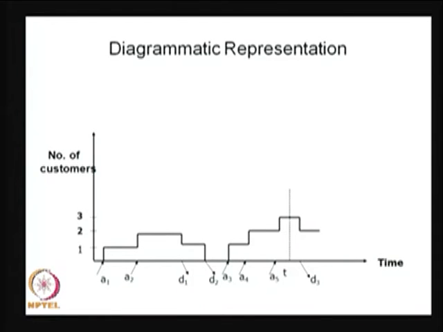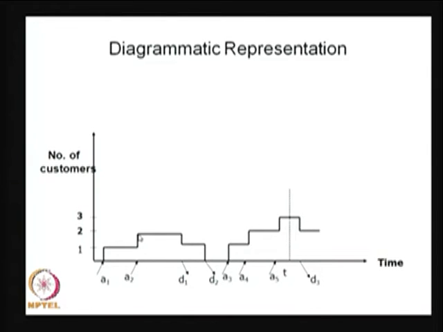Suppose at time A1 the first customer enters the system, then the number of customers in the system is incremented by 1. The customer who entered is getting the service. During his service time, the next customer enters the system at time point A2.